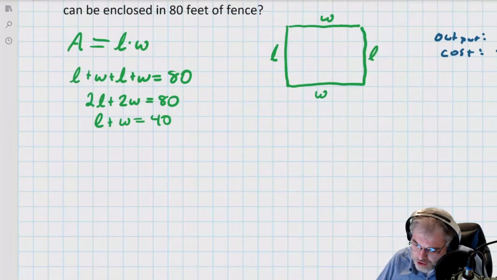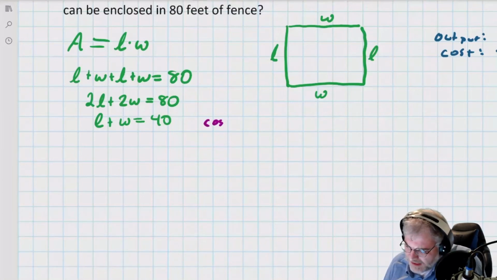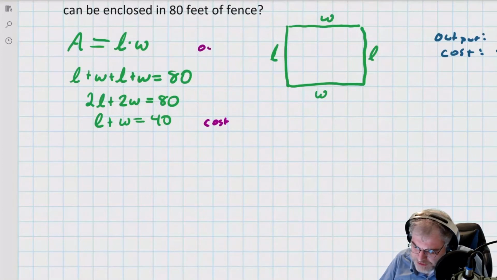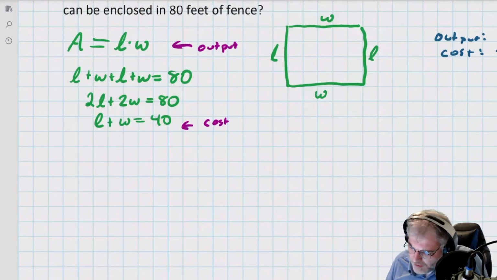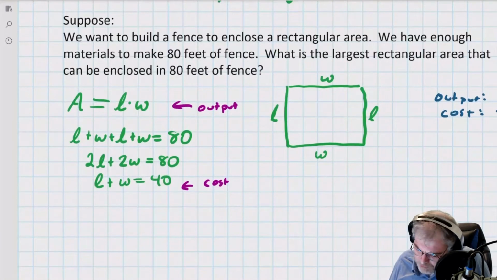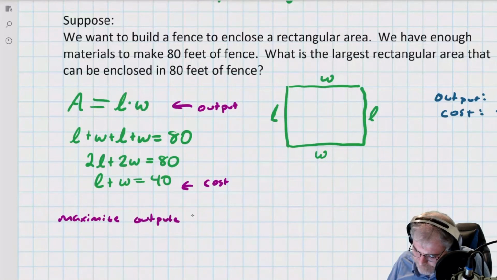So here I've got a cost equation and I've got an output equation, or production equation. This is kind of the output. And what I want to do is maximize, the problem is to maximize output A given cost equation L plus W equals 40.